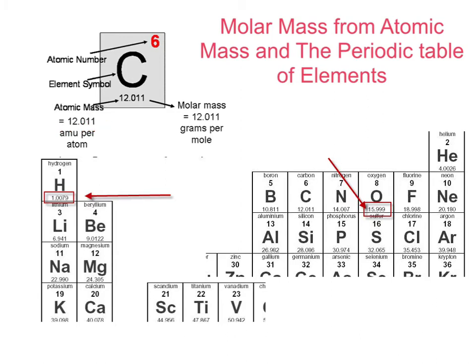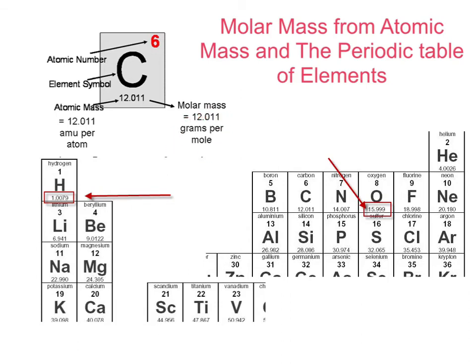And now we've said that 1 atom of carbon is going to weigh 12.01 atomic mass units per atom. But also 1 mole of carbon is now going to weigh 12.01 grams per mole. So 1 atom weighs 12.01 AMUs, but 1 mole is going to weigh 12.01 grams per mole.